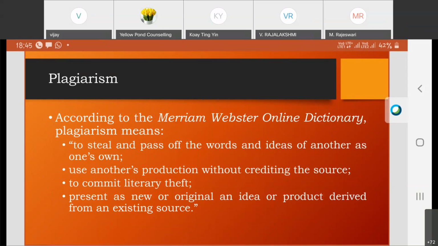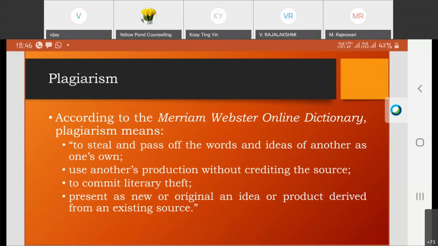Here there is also peer pressure: per year you have to publish some papers, some research articles, and some research book materials.